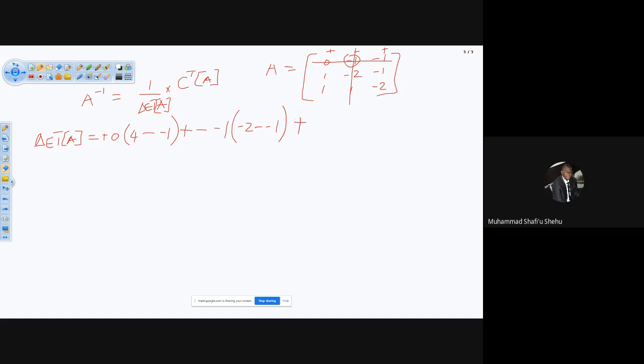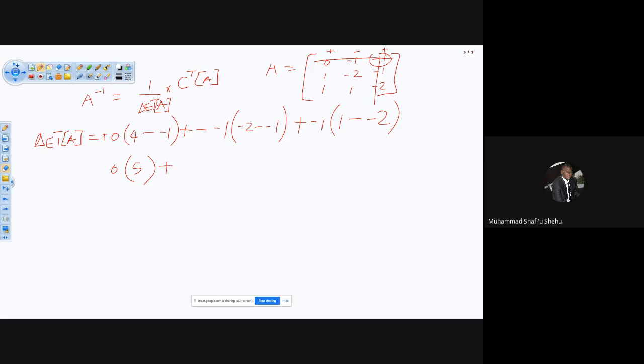Then the last one is a positive box. We close and we take this and then we cancel the lines here. So minus 1, we open our bracket and multiply 1 with 1, and then minus 1 with 2, we have another minus 1.